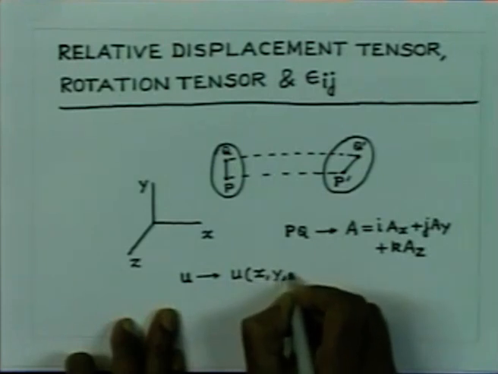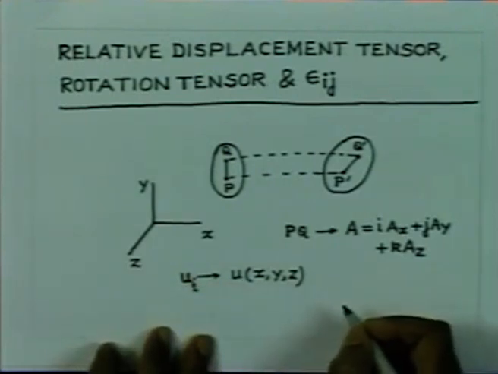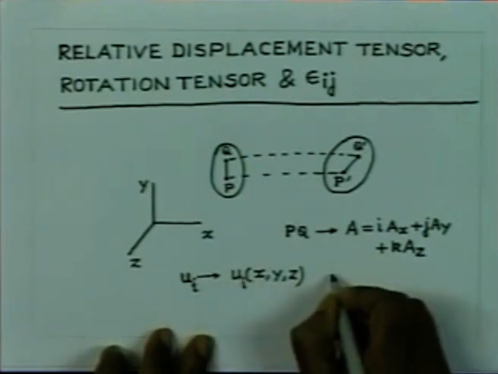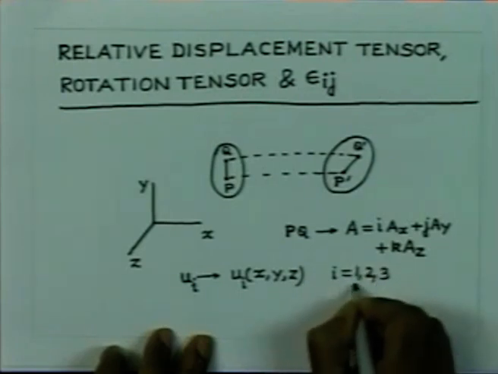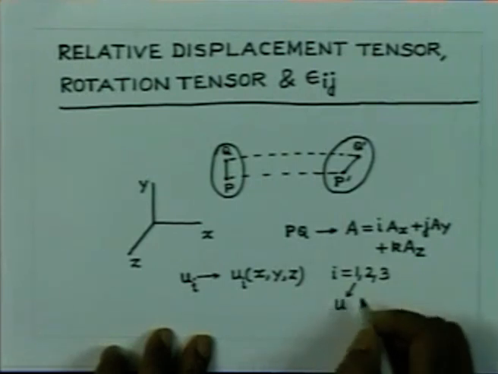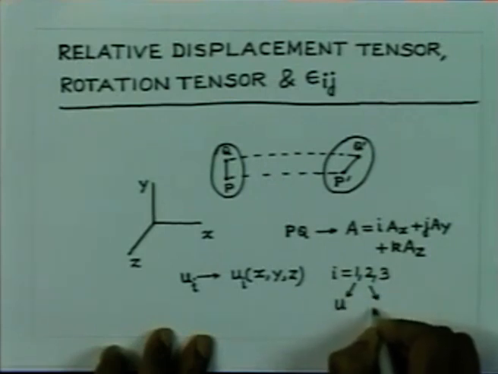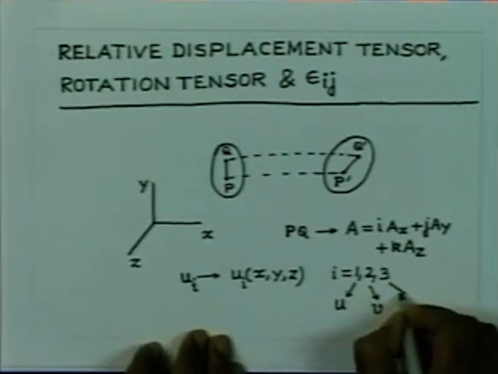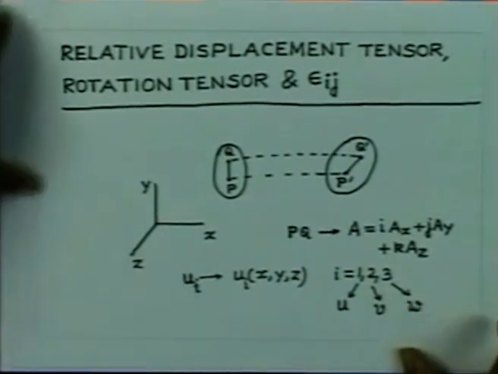If we try to write it in the form of a tensor, u i is going to be a function of x, y, z. i takes up values 1, 2, 3, and to be specific, i equal to 1 indicates u, i equal to 2 indicates v, and i equal to 3 indicates w.